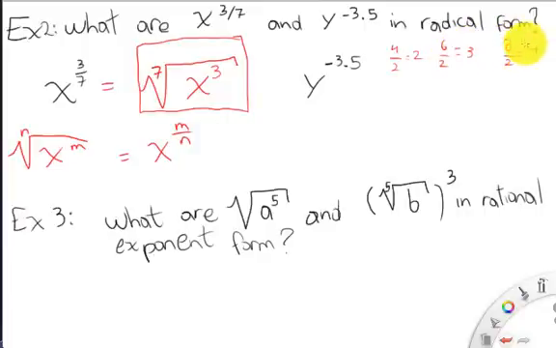So you know that it has to be between 6 and 8. The correct answer is 7 over 2, because 7 divided by 2 is 3.5, but one of them has to be negative. So this becomes y to the negative 7 over 2. And now we want to turn this into a radical.